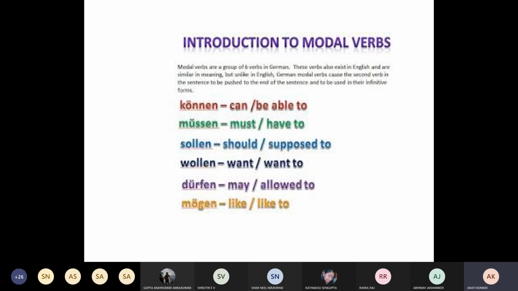So what happens in wollen? Want. No? So wherever you want to say want, like I want to eat cake today. It's very strong. It's something that probably you will go and buy a cake and eat.